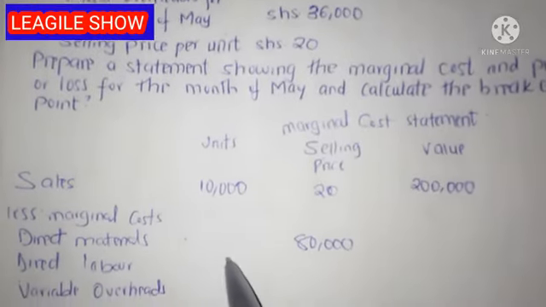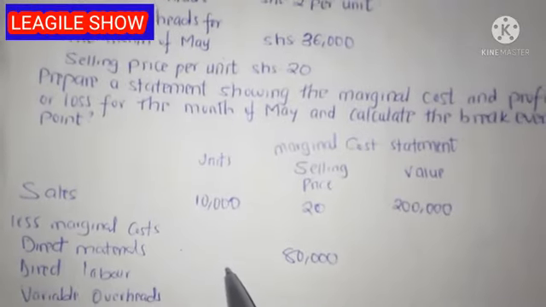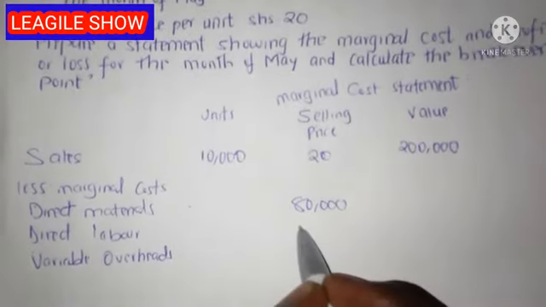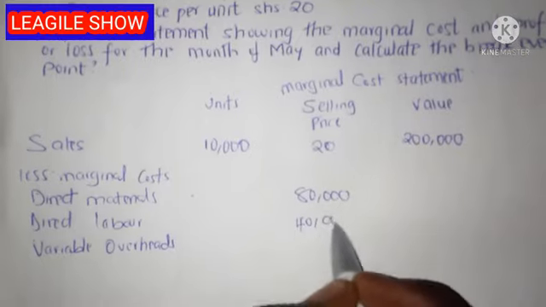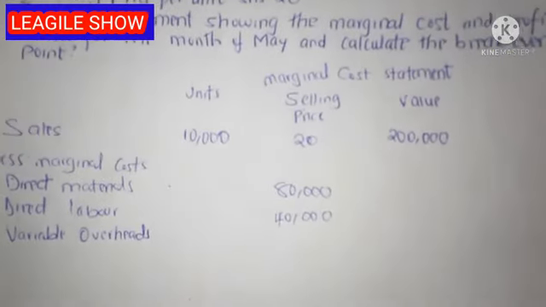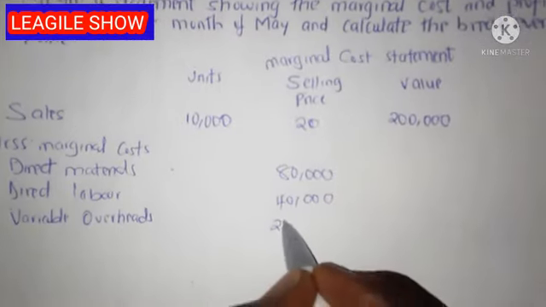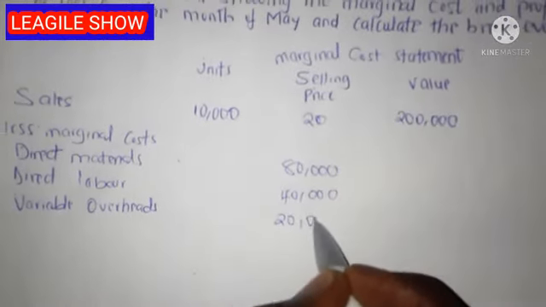Direct labor was charged at 4 shillings per unit. So times the total units there, we'll get it as 40,000. Then overheads was charged at 2 shillings per unit. That will bring us to get 20,000.